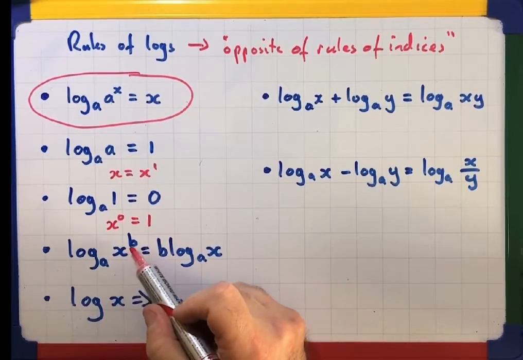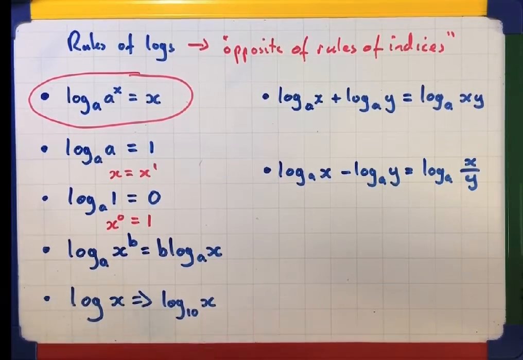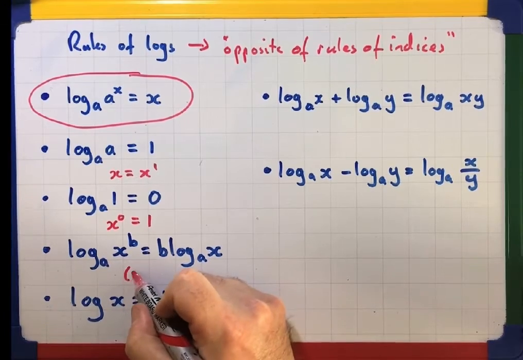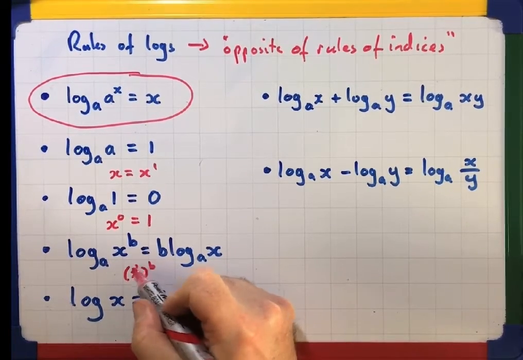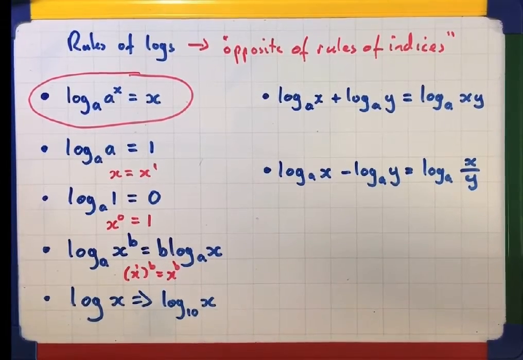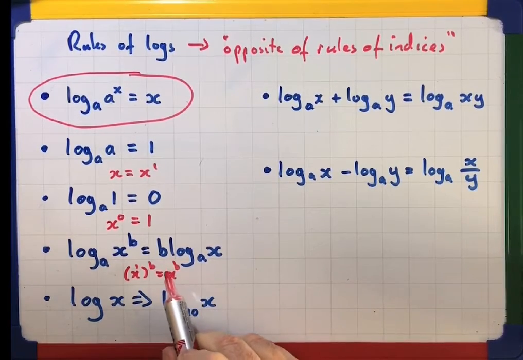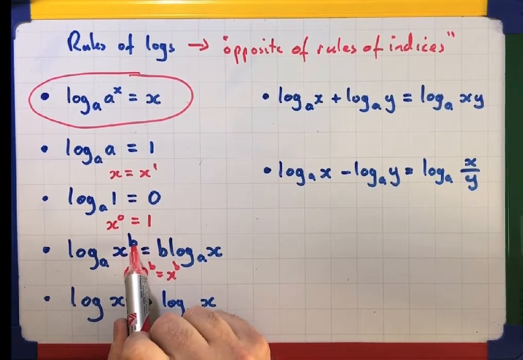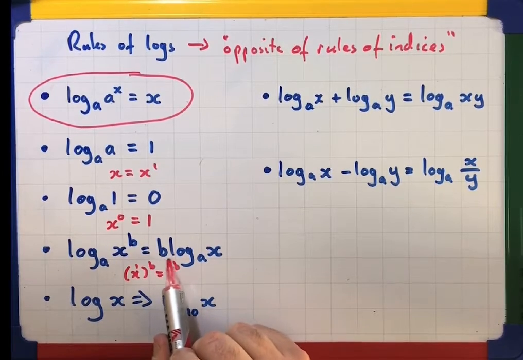This one, you know when I had x to the power 1 to the power b, we would multiply those to give me x to the power b, wouldn't we? Well, it's the other way round here. When it's a power on the inside, so b there, it becomes a multiple here.